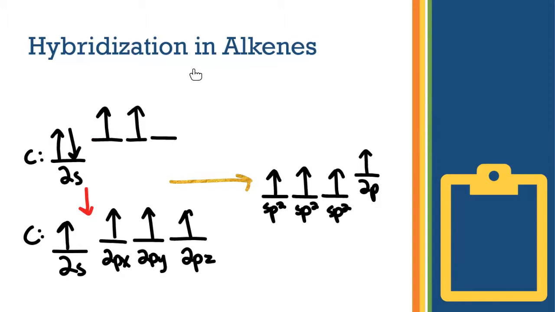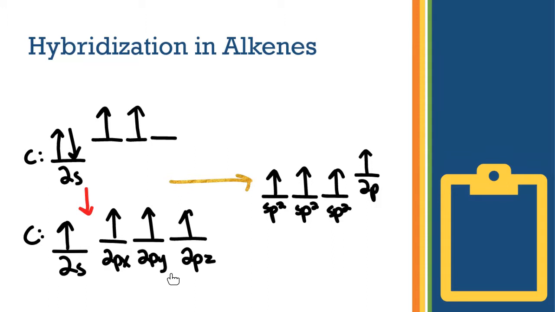So this shows the hybridization in alkenes. If we remember carbon in the ground state, we have 2 electrons in 2s, and then this is supposed to say 2px, 2py, 2pz, and we have 2 electrons in the p orbitals. So when we excite it, this electron is bumped up to 2p.